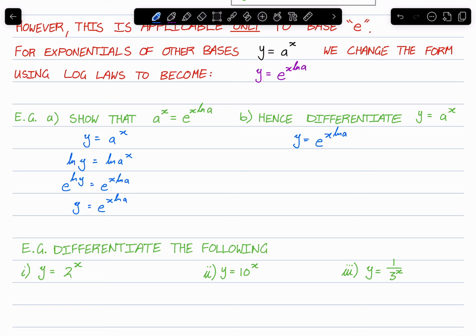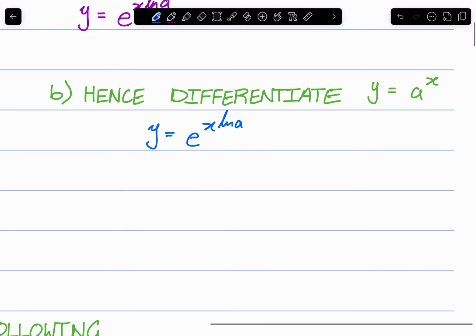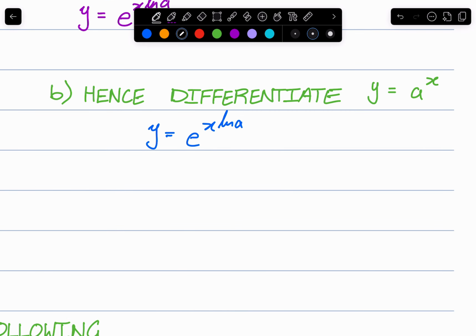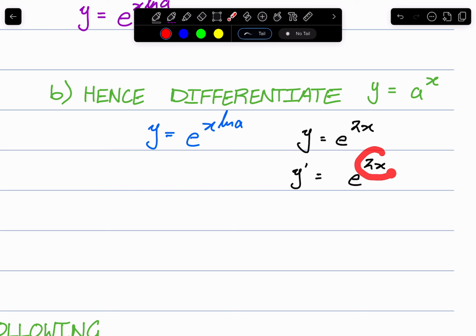And to make sense of the derivative that I'm about to show, let's take a look at this as our comparison. y equals e to the 2x. The derivative of this, y prime, is itself, e to the 2x, multiplied by the derivative of the power. In this case, the derivative of 2x is just 2.